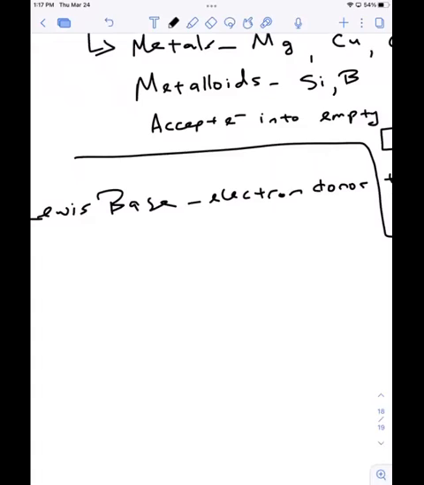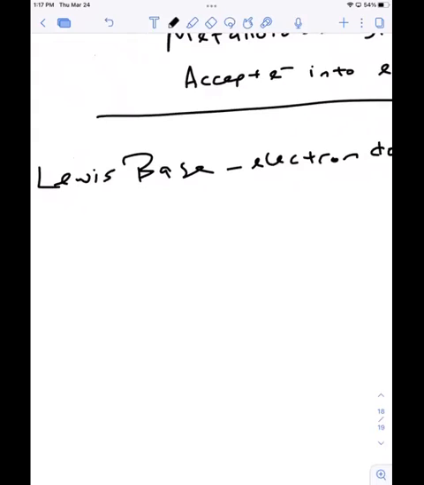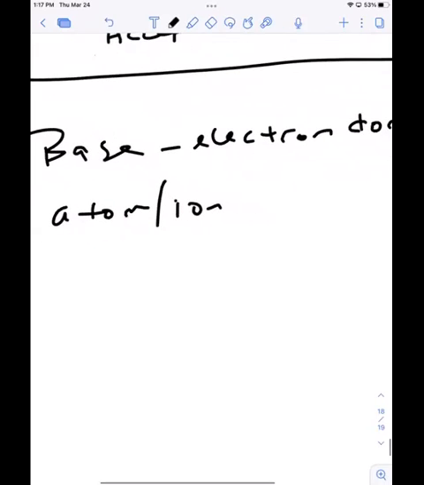Any atom or ion that has a lone pair, or even in some cases a polarized bond, but mostly you'll see donation coming from what we call lone pairs, will be considered a Lewis base. So any element or ion with a lone pair can be a Lewis base.